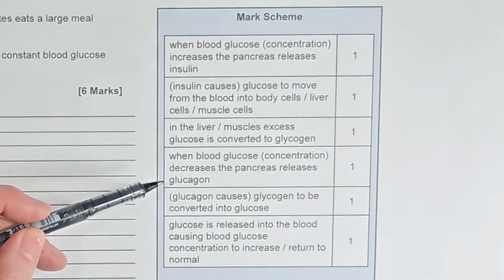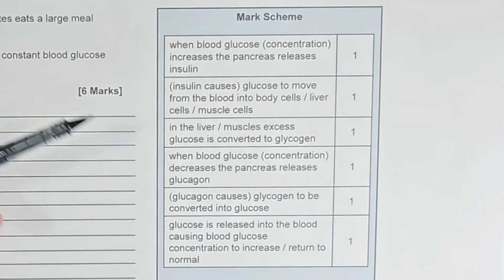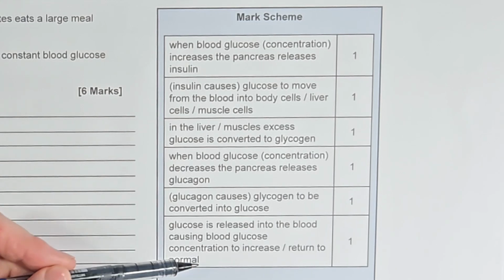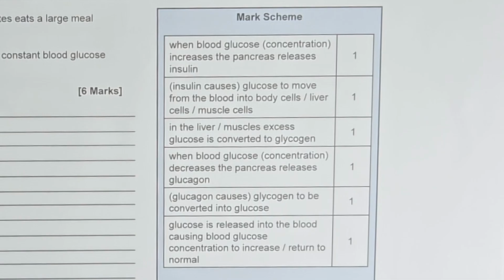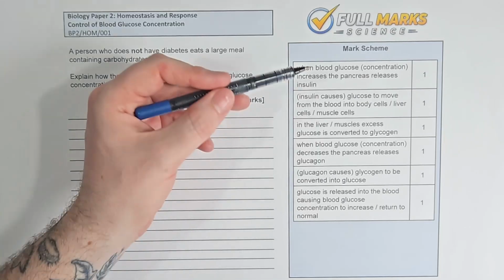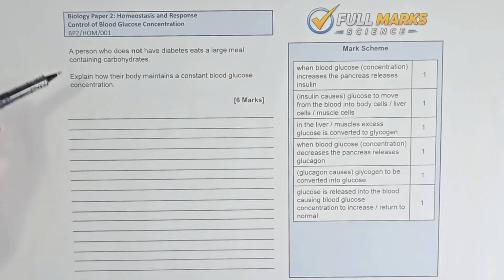When blood glucose decreases, the pancreas releases glucagon. Glucagon causes glycogen to be converted into glucose, and then glucose is released into the blood, causing blood glucose concentration to increase/return to normal. So there is a lot of information in there, but we can break this down and use it to inform our answer, to come up with a really good structured answer.